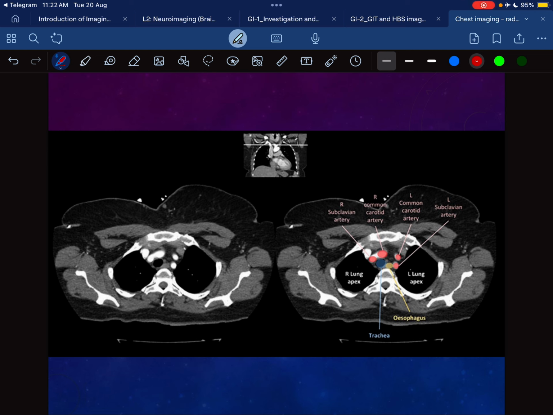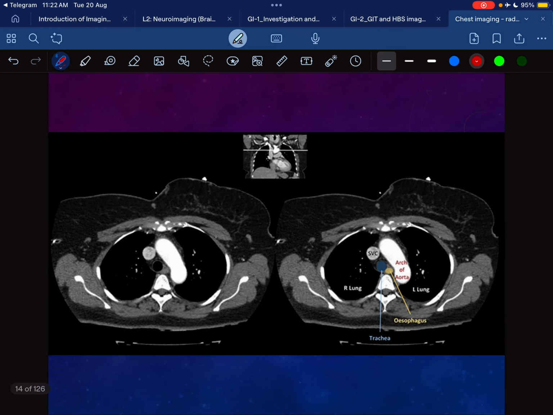Next to the trachea, you always have the esophagus. This is the muscle of the anterior chest wall. This is the scapula and the muscle around the scapula. Vertebra, left scapula, and that's the breast tissue. And we start to see the glandular part of the breast tissue.